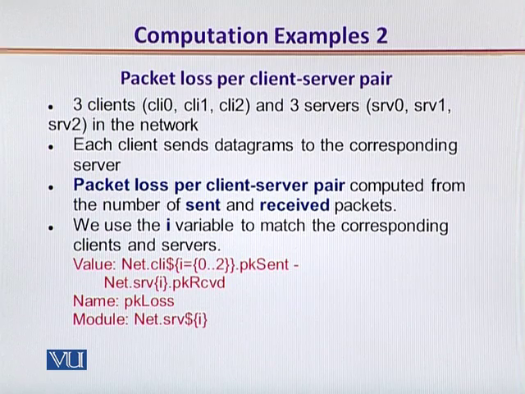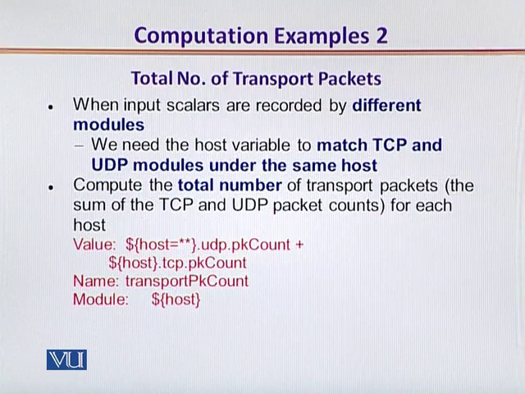And if we take a difference of these, this will give us the loss in terms of packets. Here, the counter I tallies the clients to their respective servers. If we don't use this, we are going to have a kind of Cartesian product here, which is not desired, because here we just have 3 sessions. In the other case, we'll have more than 3 sessions.